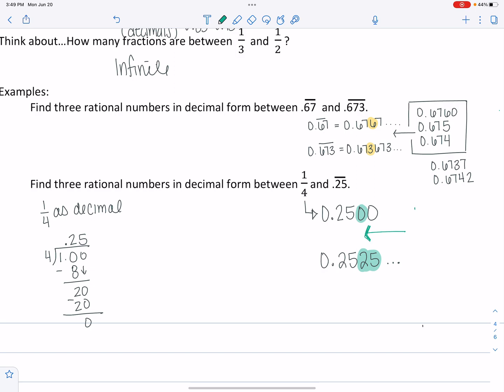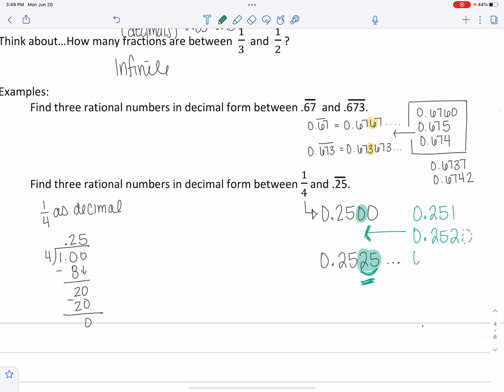So my first one, I could do 0.251. I could do 0.252. Now if I say 0.253, that's bigger than this one. So I need something on this side of 0.25 repeated on the number line. Well, as long as it's smaller than 25, I'm good. And this one is really 20.